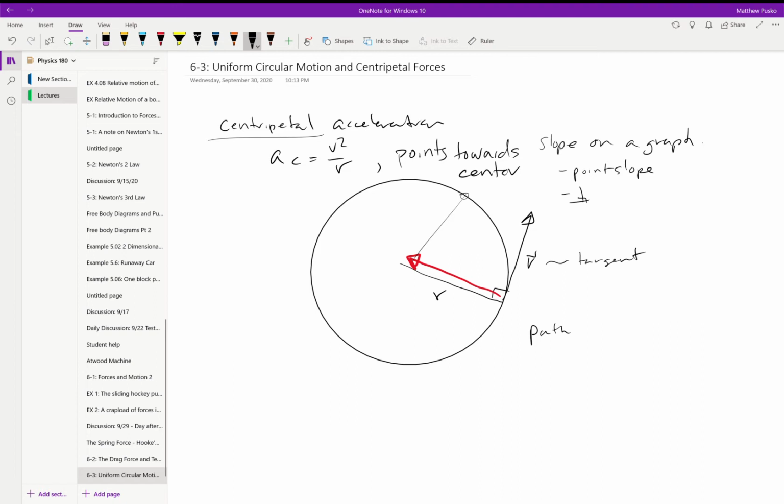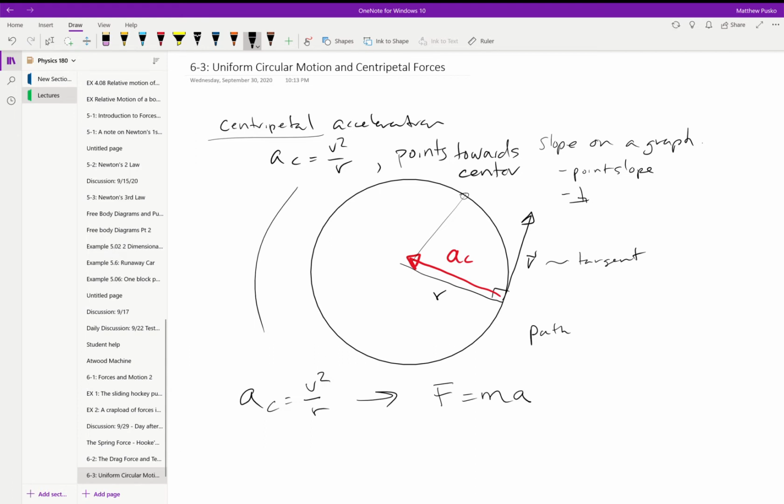Now, Newton's second law says that if this is indeed some acceleration, a force had to cause it. And we learned if the acceleration is equal to v squared over r, then we can substitute into Newton's second law for the acceleration.